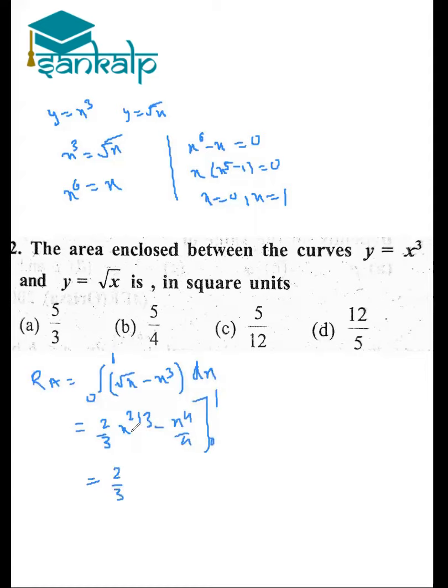So 2 by 3, when we substitute 1, 1 raised to 3 by 2 is 1, minus 1 by 4. And on simplifying it further, we get 5 by 12. So option C is the right option.